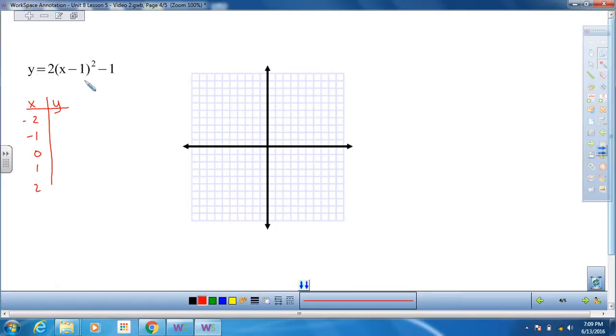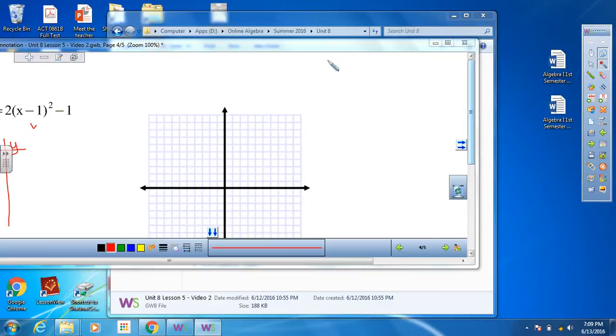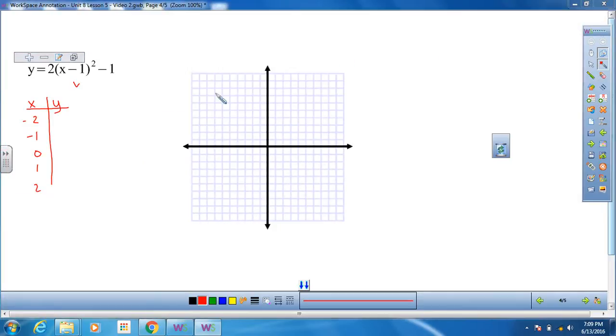I can still tell my vertex; that 2 out front does not change what my vertex is going to be. So my vertex will be 1, -1. Let's go ahead and graph that, because then maybe I'll want to pick points for my table that make sense based on my vertex. So 1, -1.